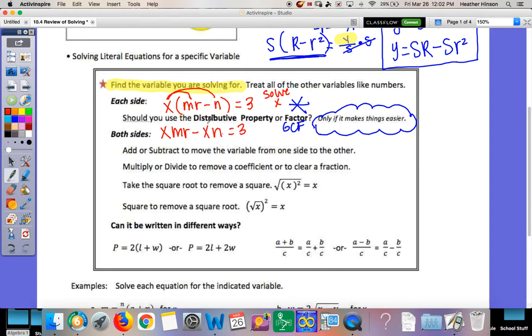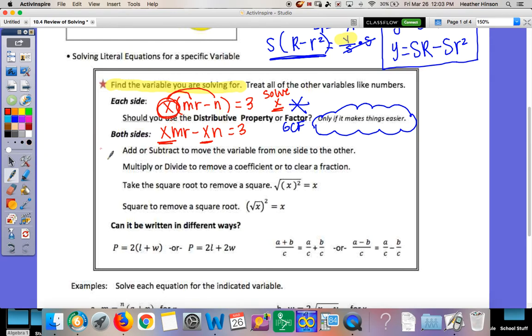I cannot solve an equation if I have 2 x's. I can only solve for x if there's 1 x. So in this case, distributing would not be the best idea. And I'll show you how to get around that in just a second.